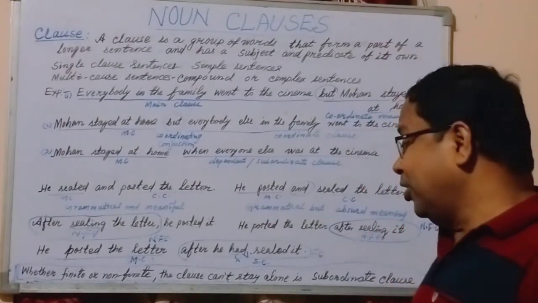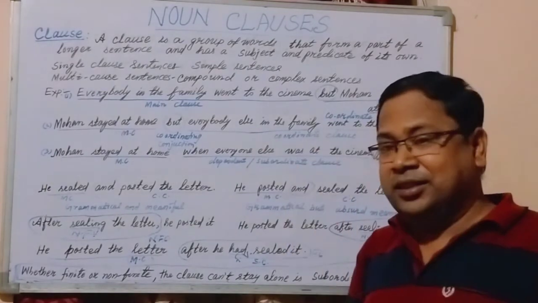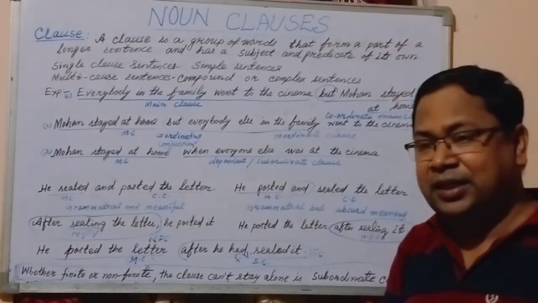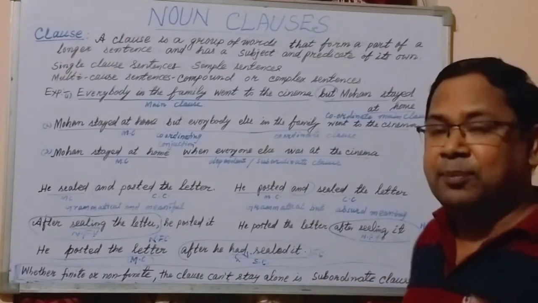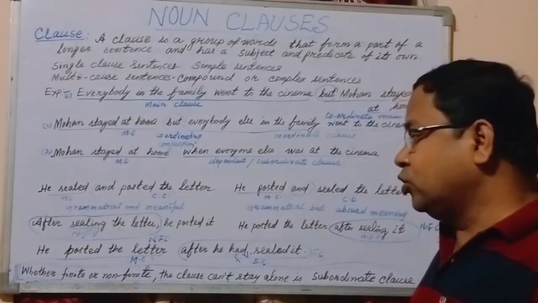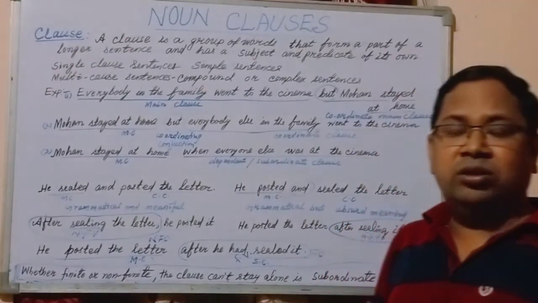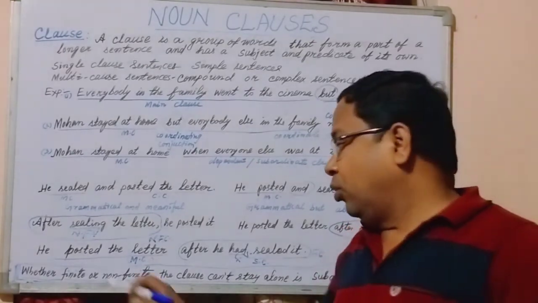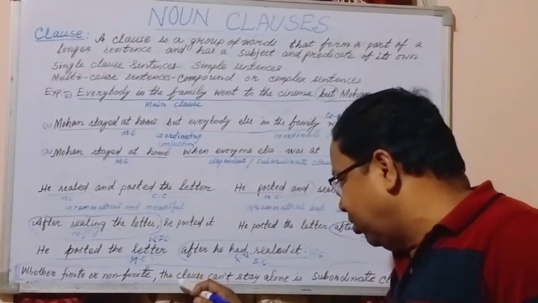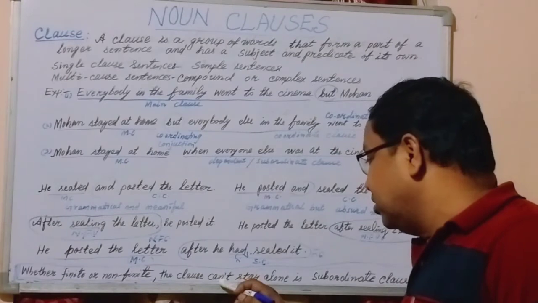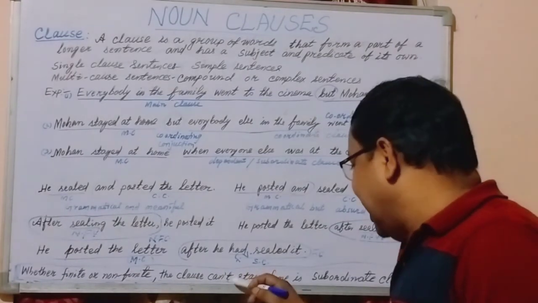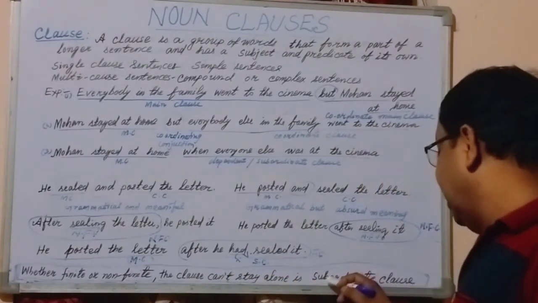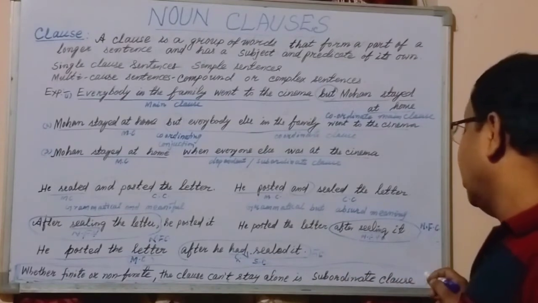We cannot write it independently because it is absurd or meaningless. So here we know that whether finite or non-finite, the clause that cannot stay alone is a subordinate clause.